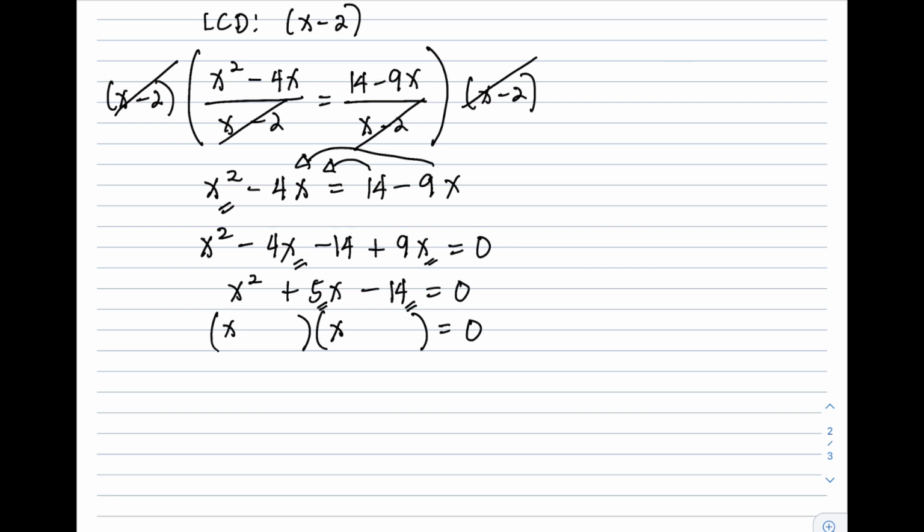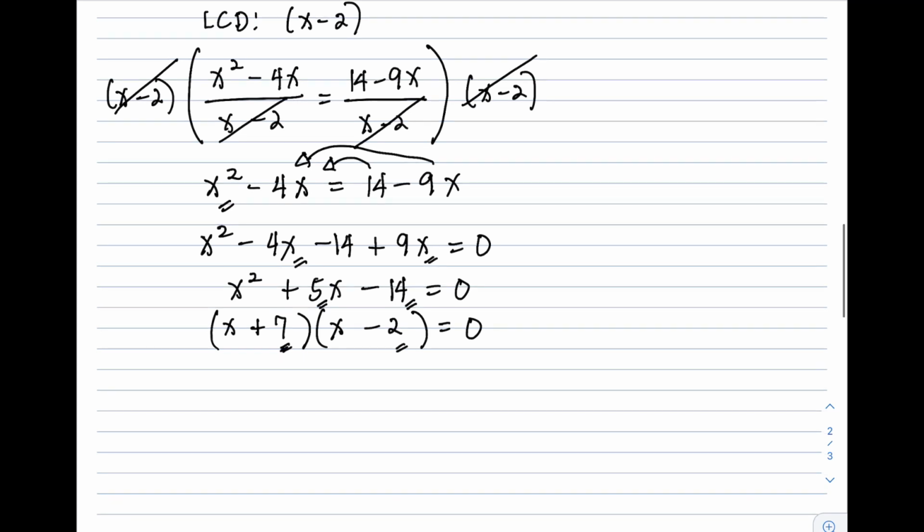So, in this case, ang naiisip kong numbers ay positive 7 and negative 2. Dahil 7 times negative 2, we have negative 14. Then 7 minus 2, that is positive 5. So, tama yung ating factor.